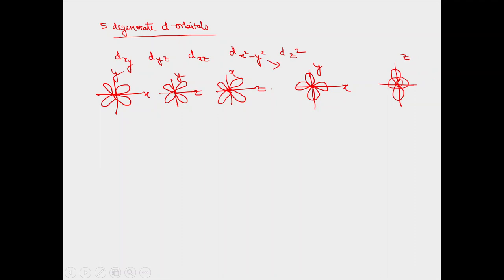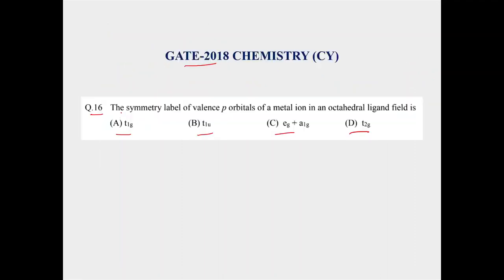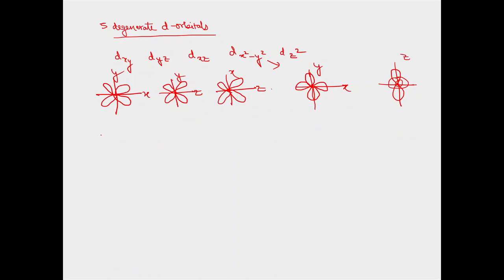Okay. So here they are asking about an octahedral ligand field. In an octahedral ligand field, the ligands approach along the axes. If we see these 5 orbitals, only dx square minus y square and dz square have lobes lying along the axes, and the ligand also approaches through the axis.